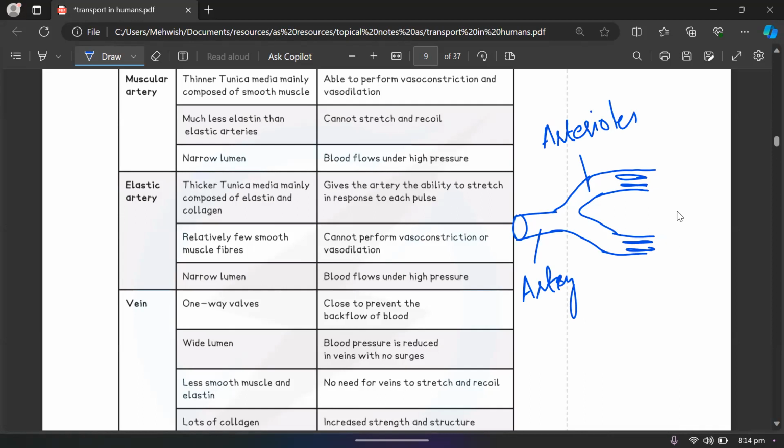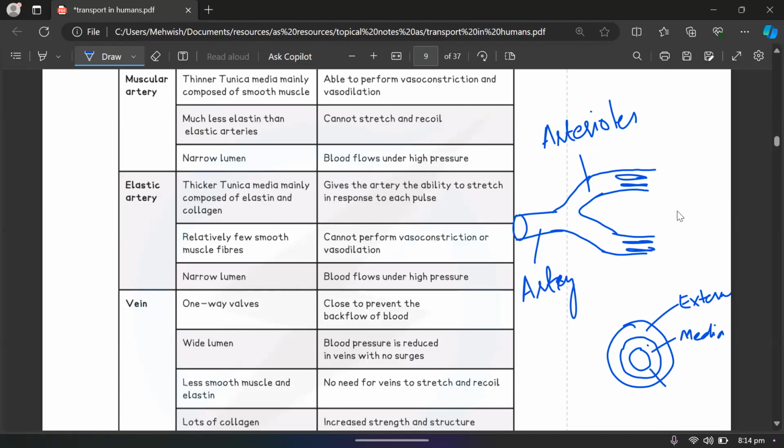middle layer... I told you that there are three layers present in an artery's wall. There is the endothelium, the elastic muscle fiber wall, and the outermost lining. Tunica media is the middle layer, and tunica externa is the external lining. Media means the middle lining.